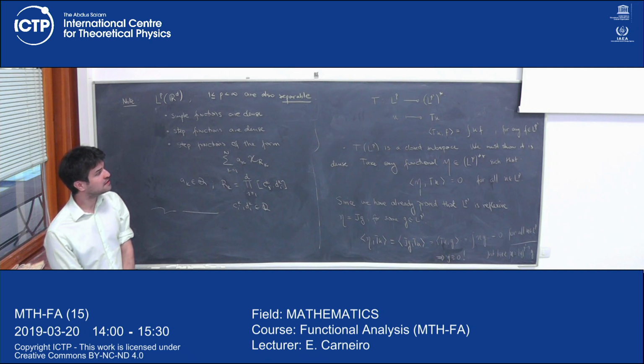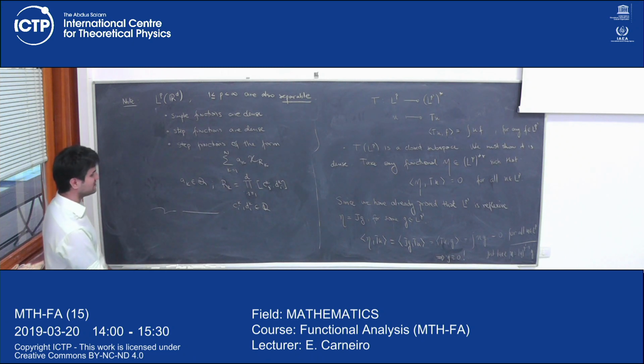Now, as a matter of fact, since we already are very close to closing this discussion on separability, we may as well prove, so let me put a proposition here.